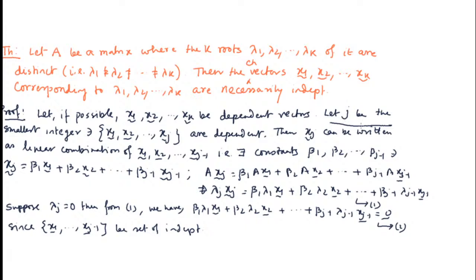Since we assume that j is the smallest integer such that x1, x2, xj are dependent, that means x1, x2, xj minus 1 is a set of independent vectors. This implies beta 1 lambda 1 equal to 0, beta 2 lambda 2 equal to 0, beta j minus 1 lambda j minus 1 equal to 0.